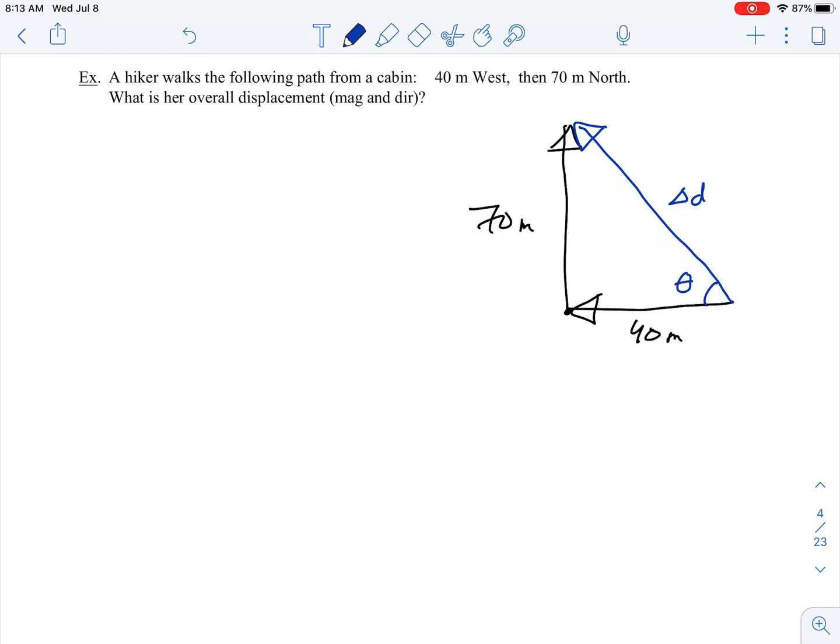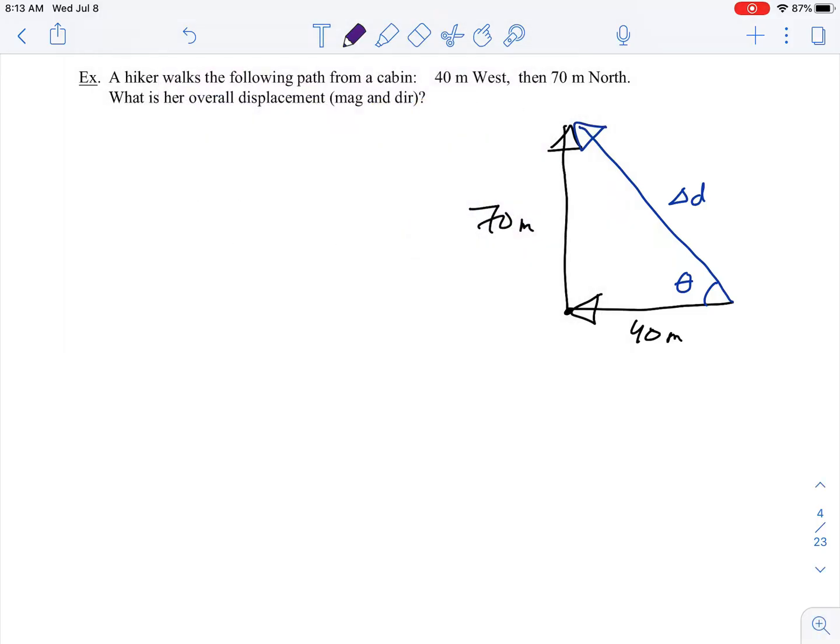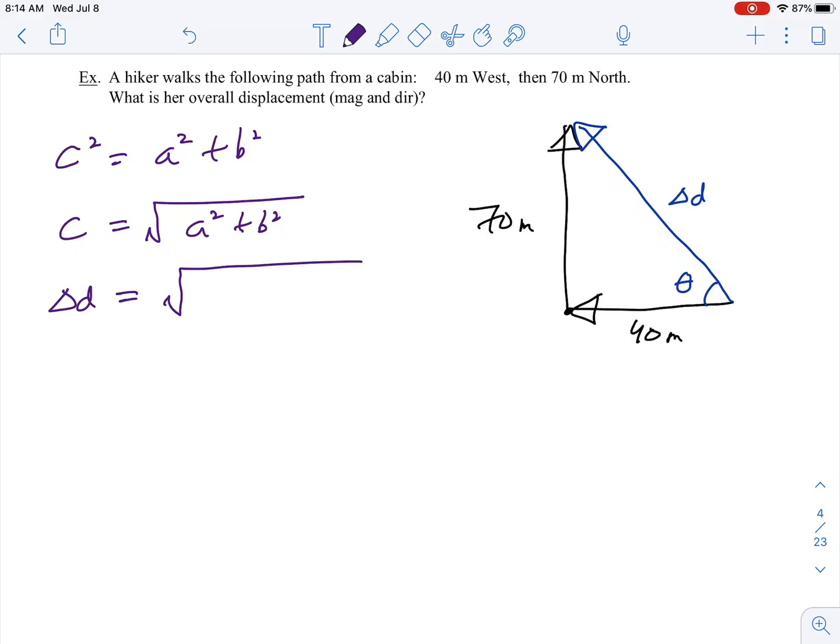So we start with doing the Pythagorean formula to find the magnitude. So we have c squared equal to a squared plus b squared. Just remember that c is a hypotenuse. So if we get c by itself, it becomes the square root of a squared plus b squared, or delta d becomes equal to the square root of 40 squared plus 70 squared.